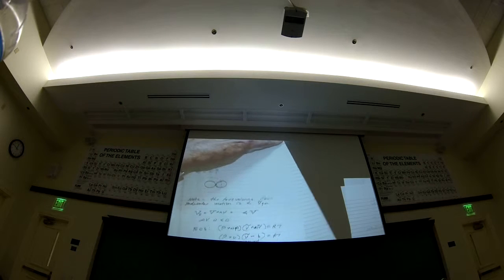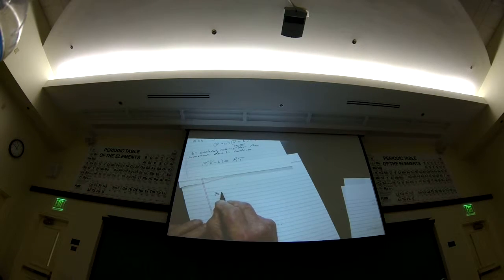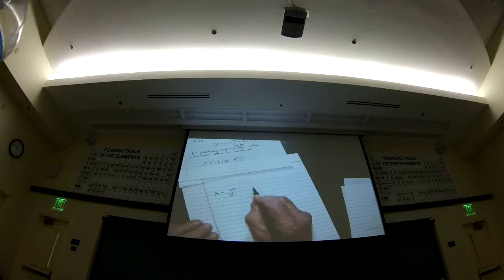And we can show from that that the compressibility factor, which is PV over RT, is equal to V over V minus B. And so this is greater than one.